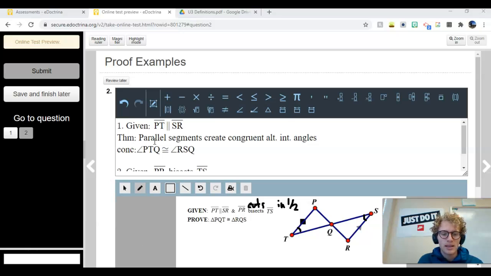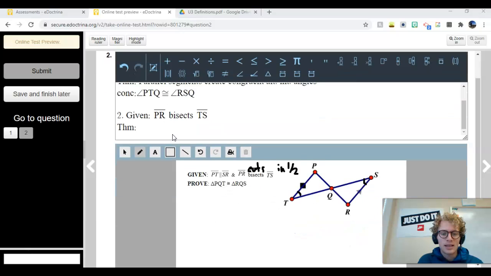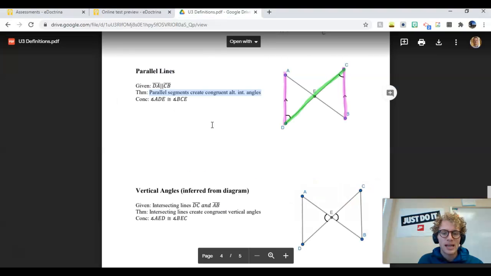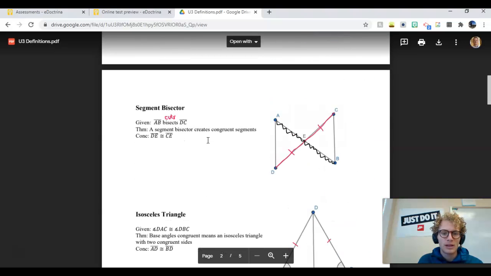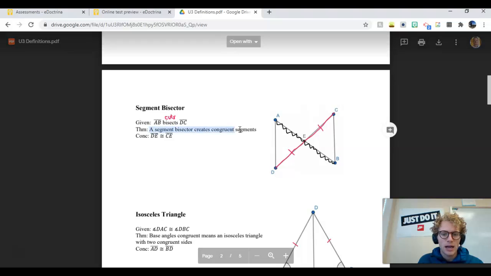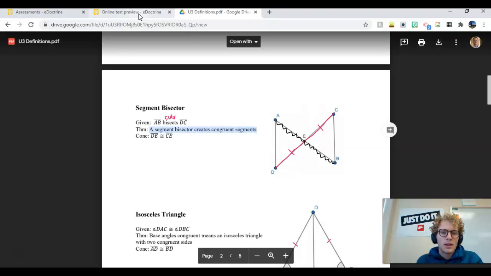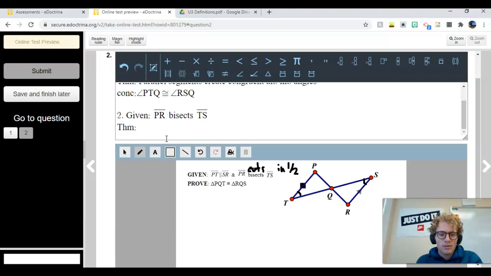Perfect. Next thing is that PR bisects TS. And the way we wrote it down here, PR cuts TS in half. So we look, we've got two segments, so we've got a segment bisector. So we're going to look up and try to find segment bisector. There it is. Okay, so now we copy that theorem and we put it in for our theorem here.